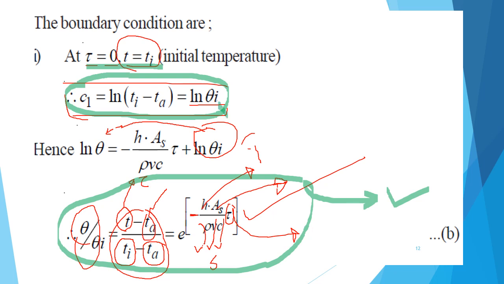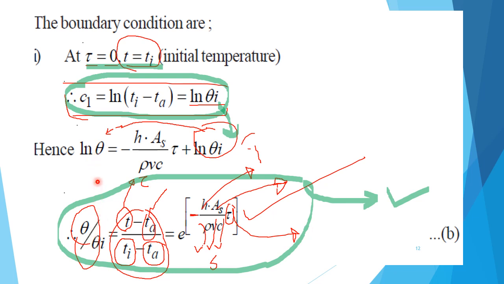When I put the value of C1 here, I will get ln theta equal to minus hAs divided by rho Vc into tau plus ln theta i. So when I put theta i on the other side, that is ln theta minus ln theta i, that is nothing but log base e of theta divided by theta i.